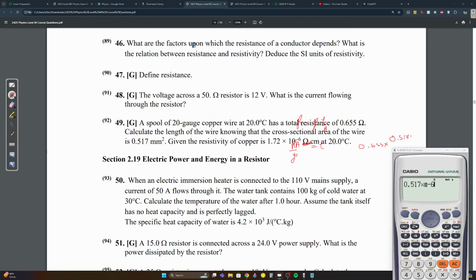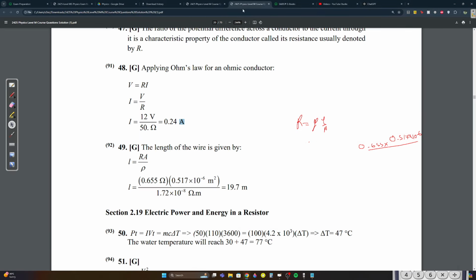That's in meters squared, times 10 to the minus 6, over the rho. In this case, the rho is this. I'm convinced that you need to convert it somehow, but this should be wrong.